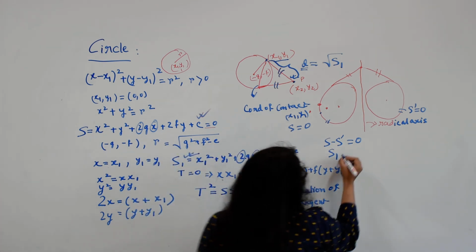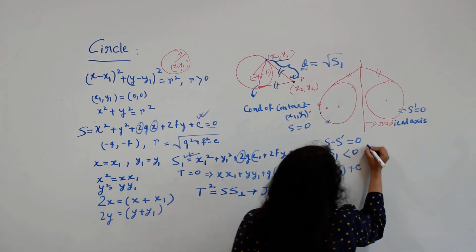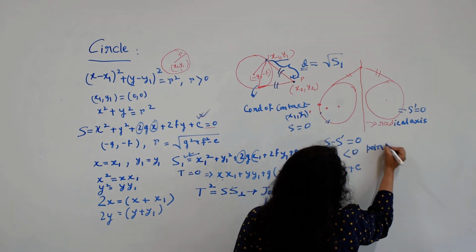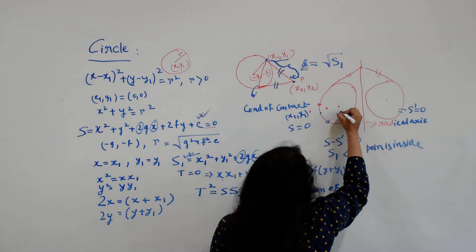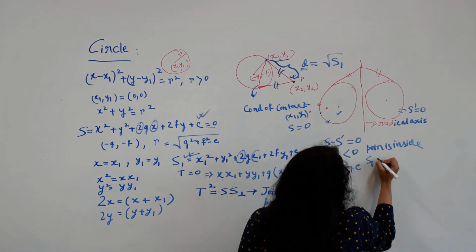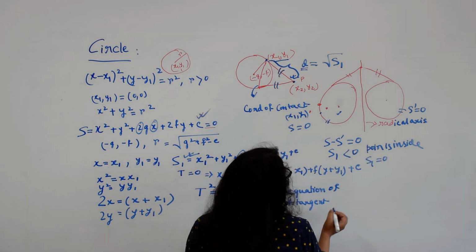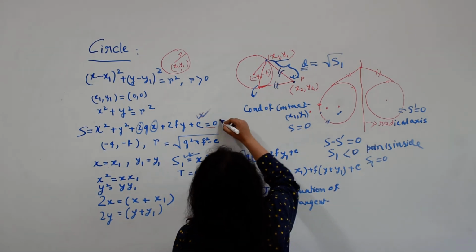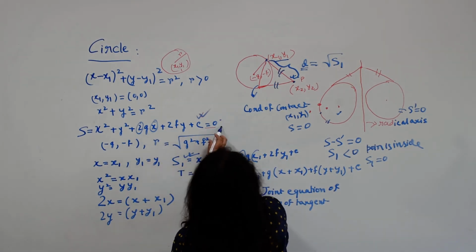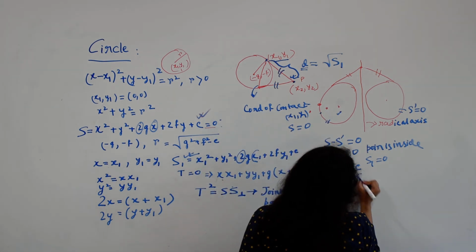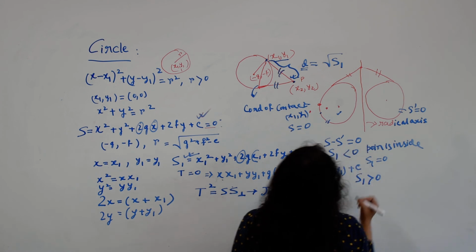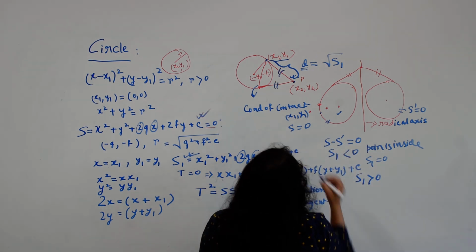If S1 is less than 0, the point is inside the circle. If S1 equals 0, that means it satisfies the given equation, so it is on the circle. If S1 is greater than 0, then it is outside the circle.